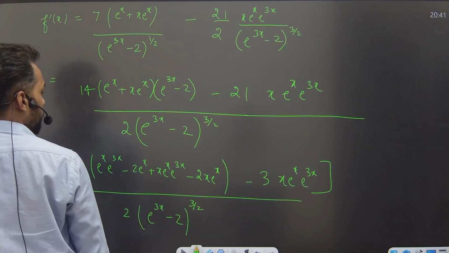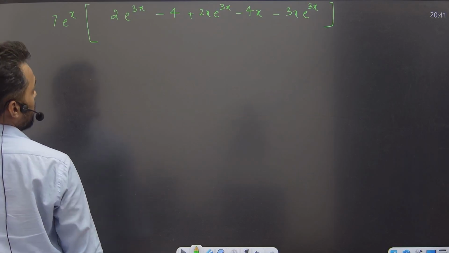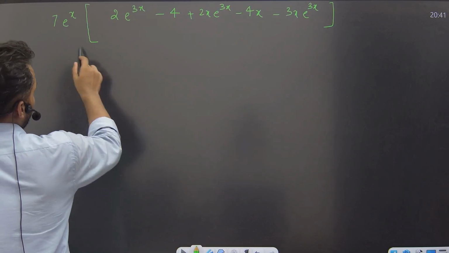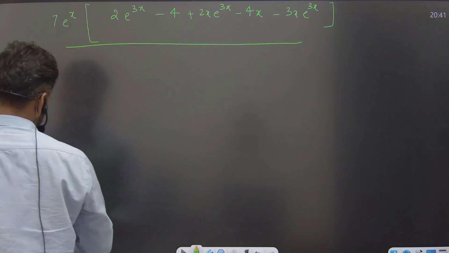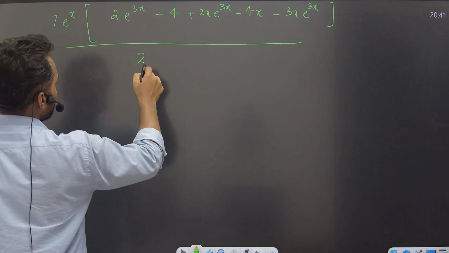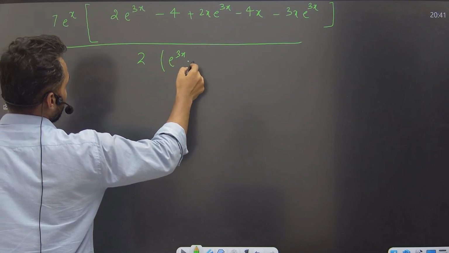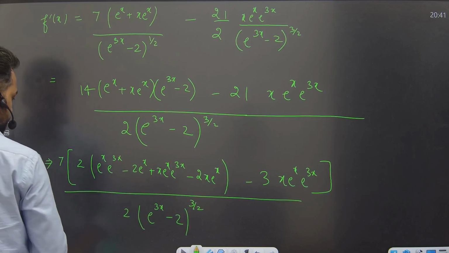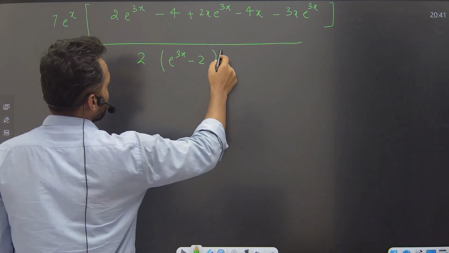This is what will be left on the numerator part, student. In the denominator part, 2 e raised to the power 3x minus of 2 power 3 by 2.